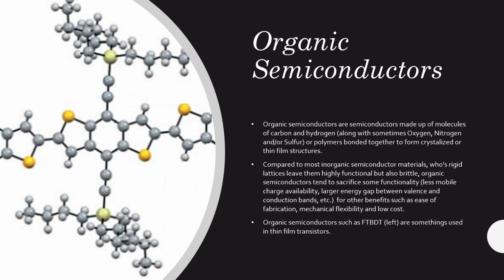Organic semiconductors are semiconductors made up of molecules of carbon and hydrogen, or polymers bonded together to form crystallized thin film structures.